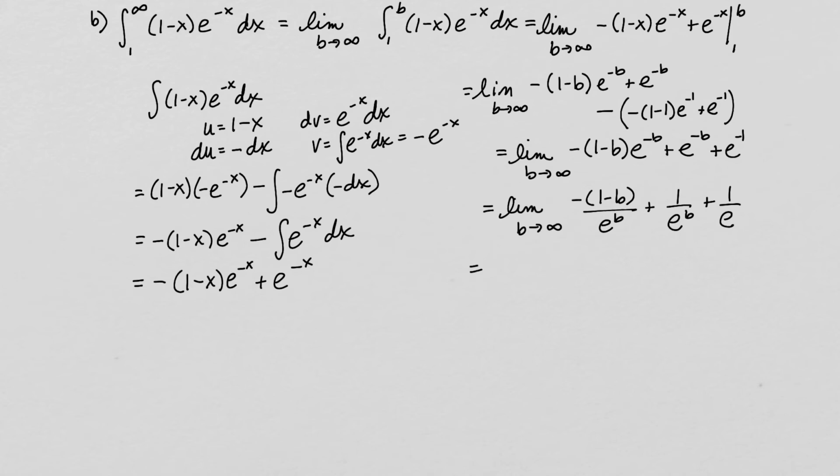So this is going to be the limit as b approaches infinity of negative (1 minus b) over e to the b plus the limit as b approaches infinity of 1 over e to the b plus the limit as b approaches infinity of 1 over e. I broke it up because the second and third limits are pretty easy and we can just get the answer. But the first limit is going to take us a little bit of work.